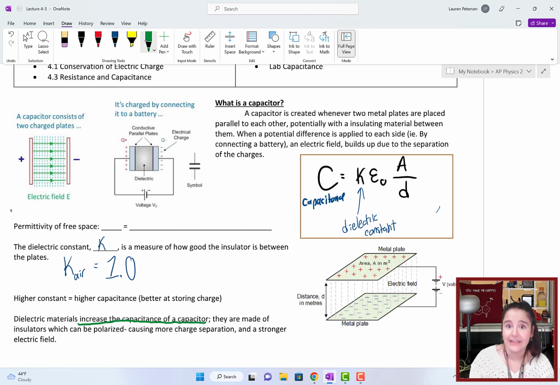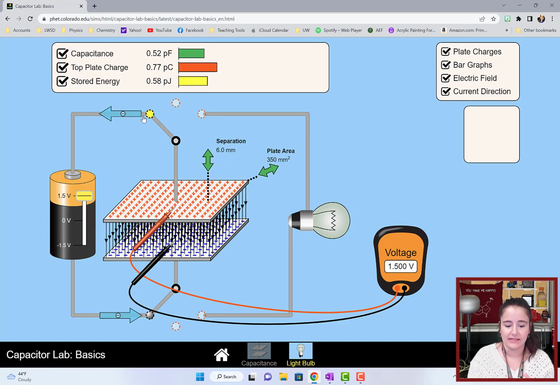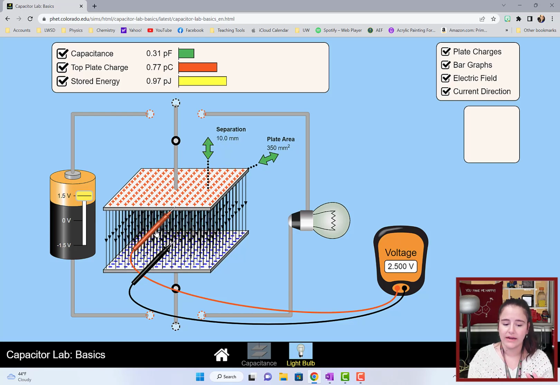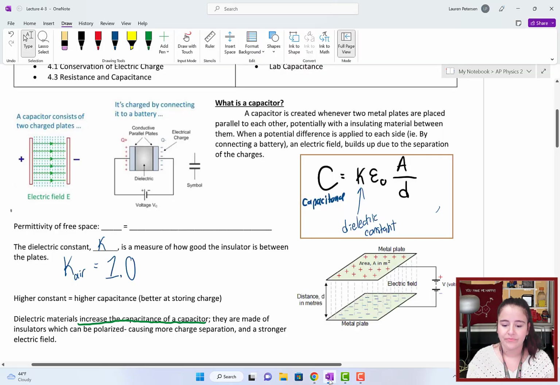Okay, they're often made of insulators, which means that their actual molecules can be polarized. So if you picture a situation here where we added a polarizing material between the plates, that could be polarized and increase the value of that electric field strength, thus increasing the capacitance.